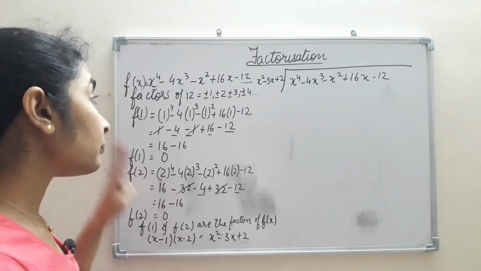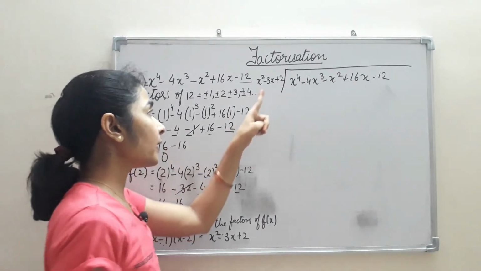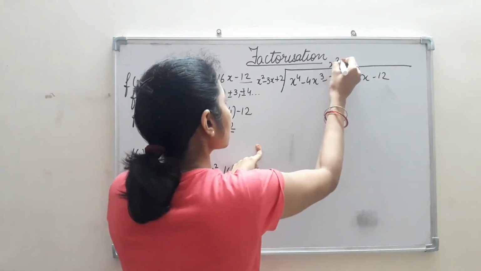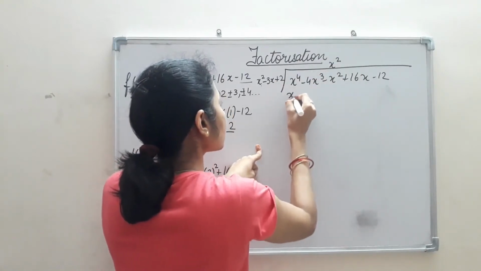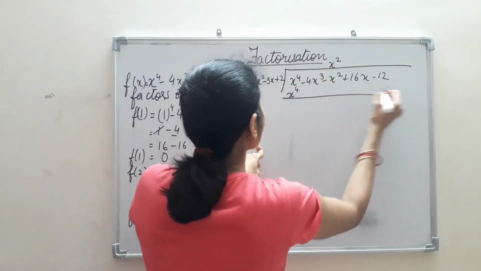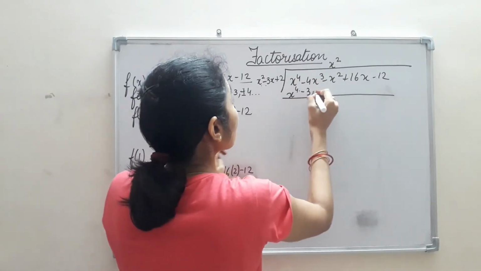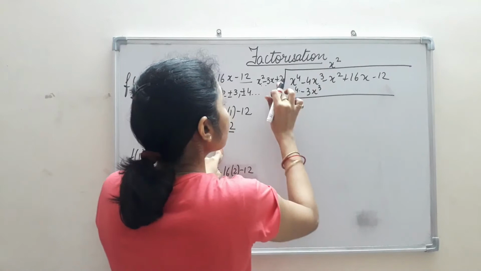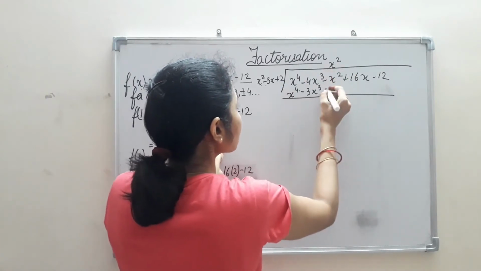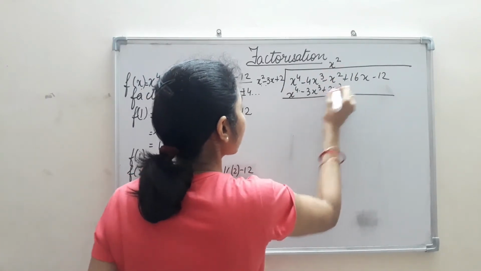Now what should I multiply to x square to get x raised to the power 4? X square. So x square into x square gives me x raised to the power 4, minus 3x into x square gives me minus 3x cube, and plus 2 into x square gives me plus 2x square.